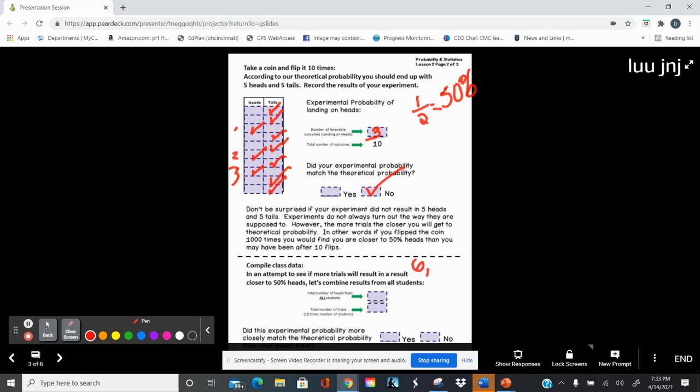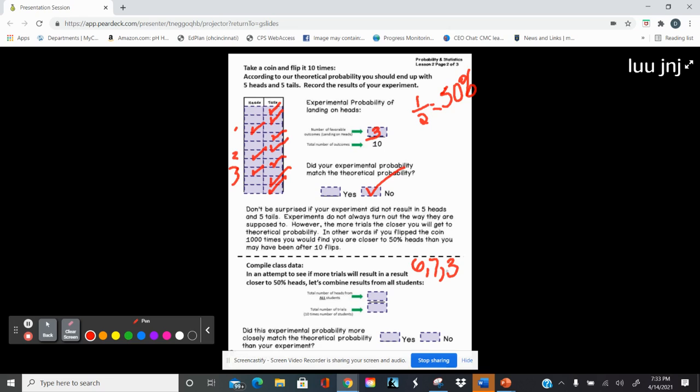The second time we did it, we got 7 favorable outcomes. And then when we did it just now, we got 3 favorable outcomes. Remembering again, the favorable outcome for us is heads. Each time we did it, we had 30 trials. So right now we're going to combine those 30 trials and the favorable outcomes of them and see what we get.